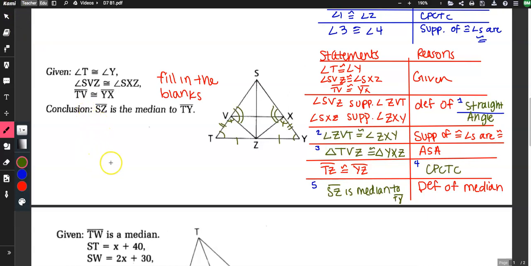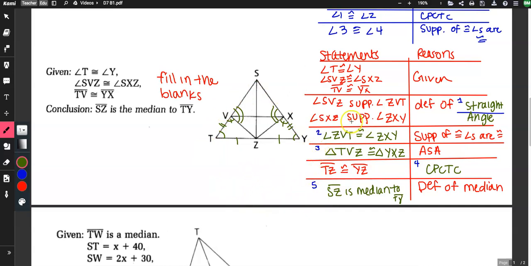All right, so you can see I filled in those blanks with the green. Again, these proofs are a little bit trickier, a little bit more complicated, so hopefully you're able to get some of these down. I would also take time to really label your picture. I think labeling the picture helps a ton as you go through this proof.